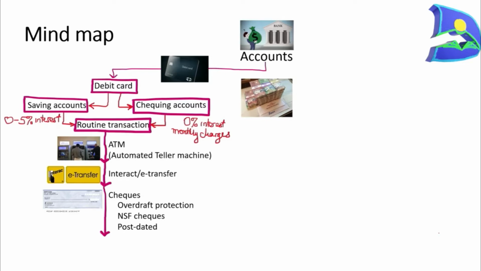Otherwise, if you don't have that overdraft protection, you'll be left with an NSF check, which means that your check will be bounced back to you. You will have an incomplete transaction where you won't be able to perform that specific financial duty that you want.